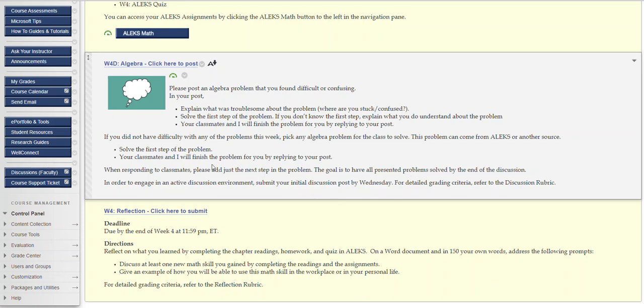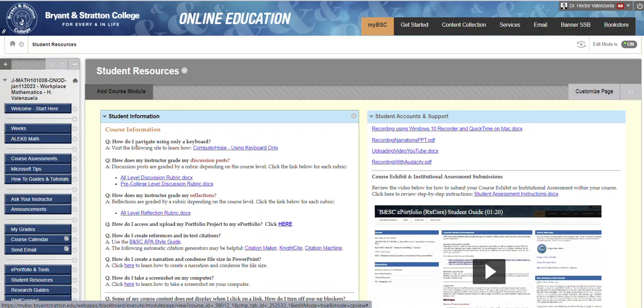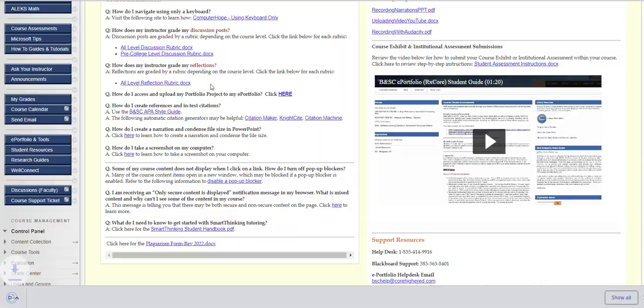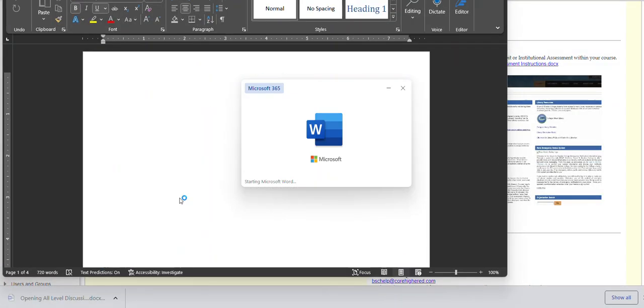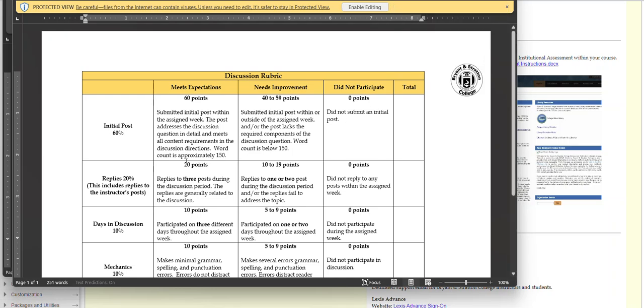Okay, now, for discussions, I'm going to go over here to the student resources. I'm going to take a look at the discussion rubric. For the discussions, remember that your initial posts have to be 150 words.